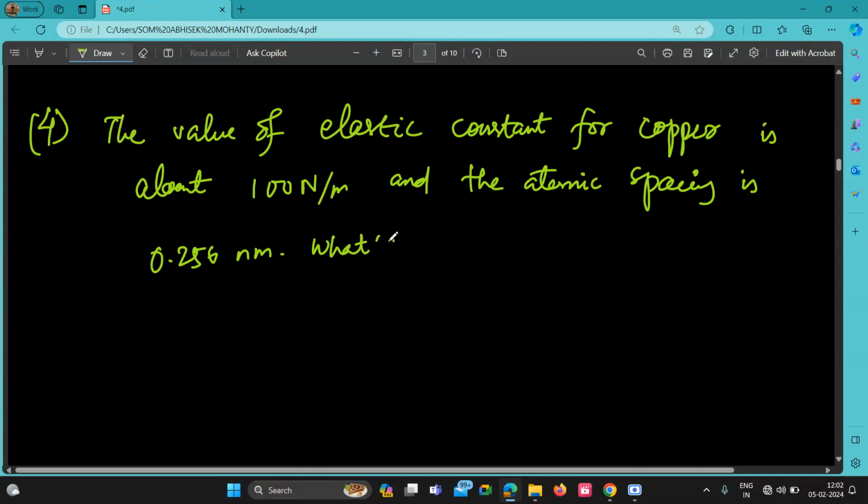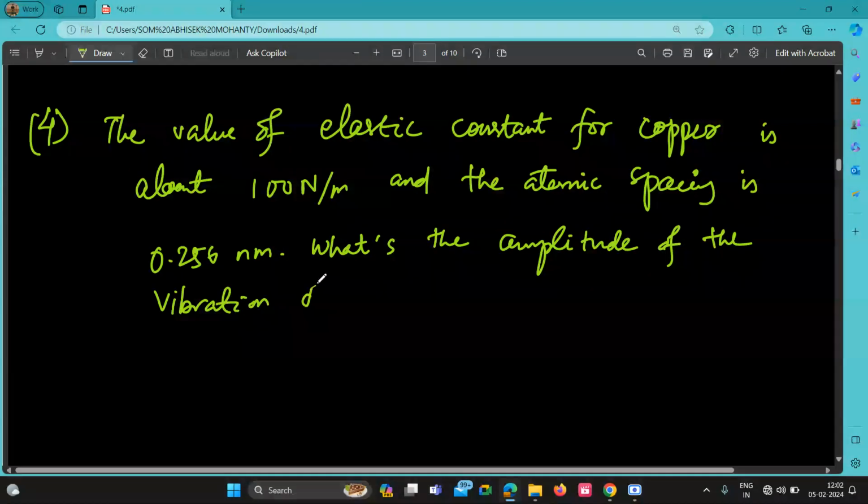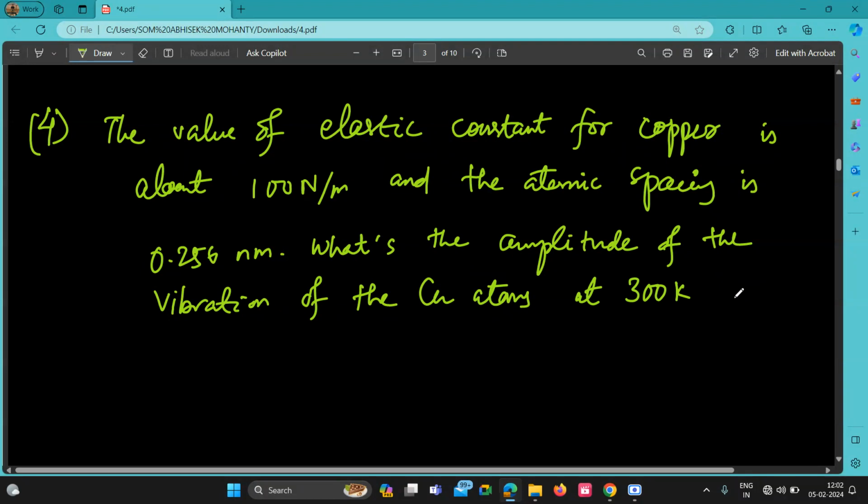What is the amplitude of the vibration of the Cu atoms at 300 Kelvin as a percentage of the equilibrium separation?